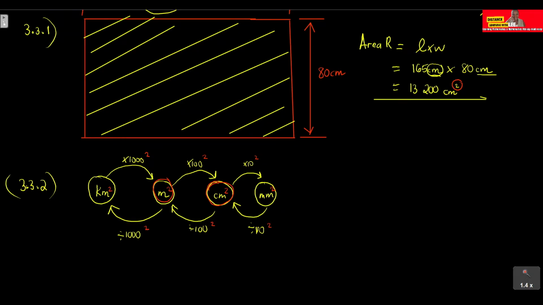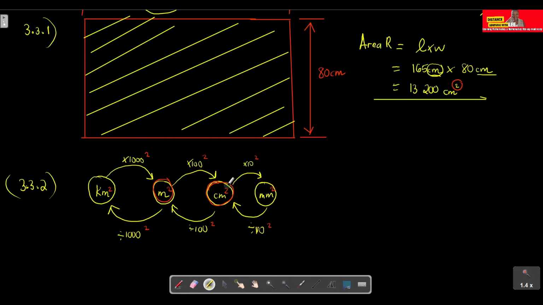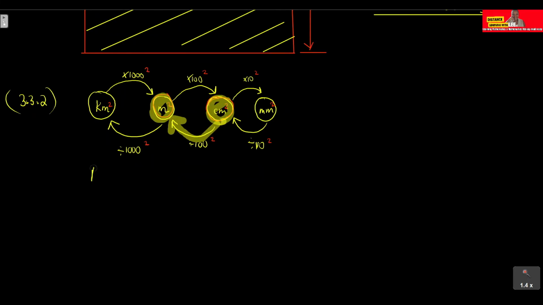Now when we're moving from centimeters to meters, we're still doing the same thing. We are going to be dividing, but not by 100, but by 100 squared. So in this case, what are we going to do? You're going to take your value of 13,200 centimeters squared, and you're going to divide it by 100 squared.